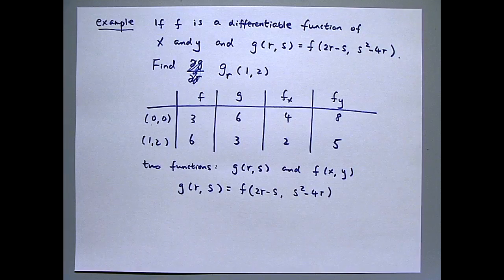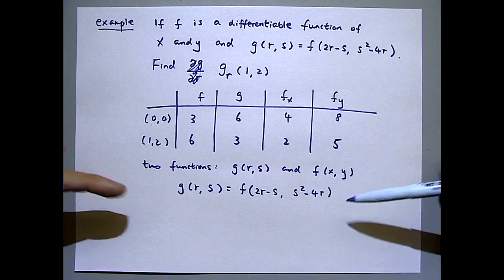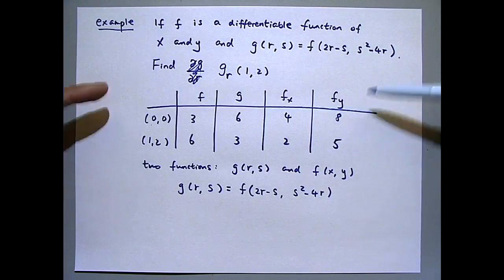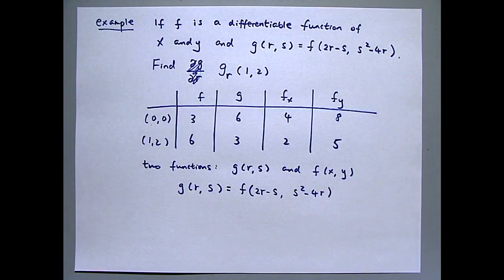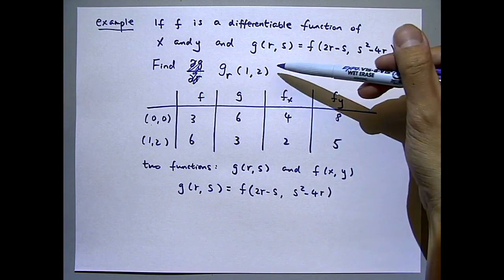There are 2 functions we don't know anything about except this relationship and this table right here. And it turns out we have enough information to figure out this question right here.